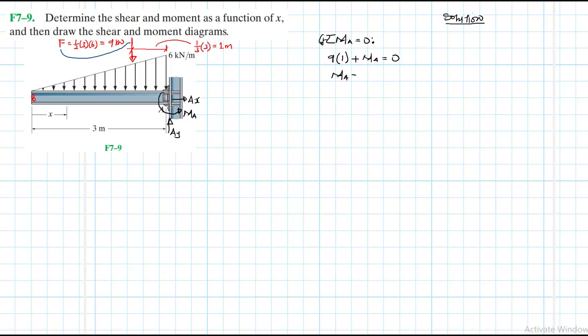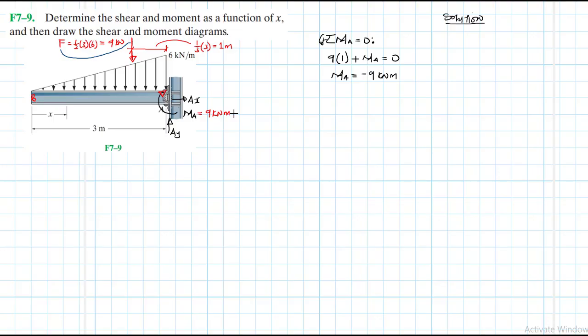Therefore, our MA is just going to be equal to minus 9 kilonewton meters. Negative just means the sign changes. So the sign will just be like this. The sign has changed. So this is equal to 9 kilonewton meters.